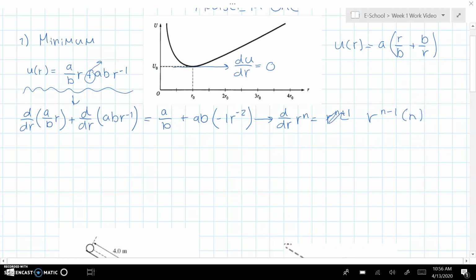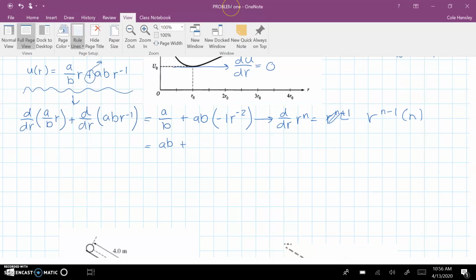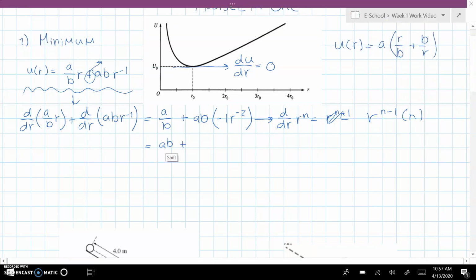So with that being said, we can rewrite this as a/b minus ab times 1 over r squared. And this is equal to dU/dr.